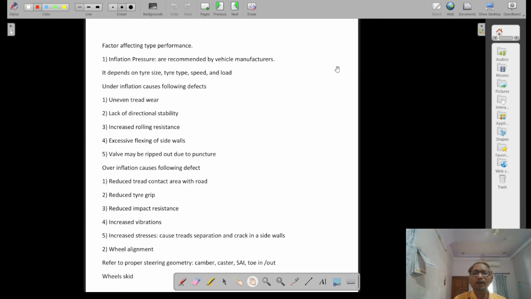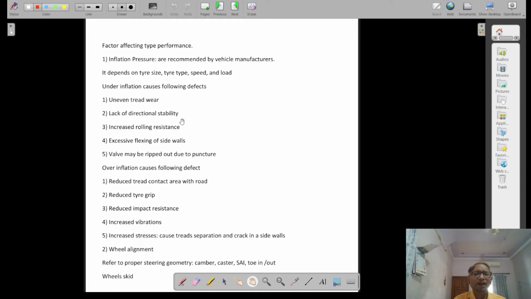On the door of your vehicle, the pressures to be maintained in the rear wheels and the front wheels are given. It depends upon the tire size and tire type, but generally at the lower side of the door you can find the specification of the inflation pressure.